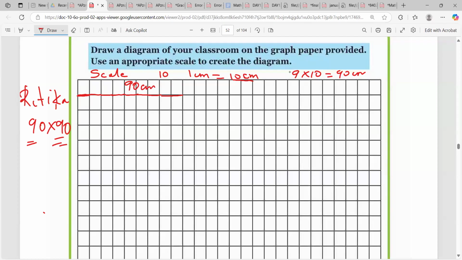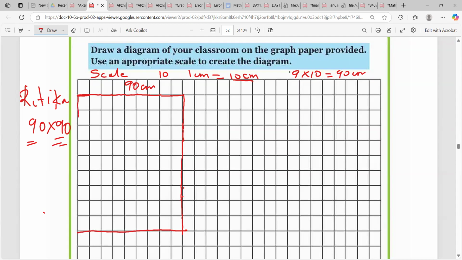And of course, we do the same thing. 1, that is 10, 20, 30, 40, 50, 60, 70, 80, 90. All right, so it's 90.